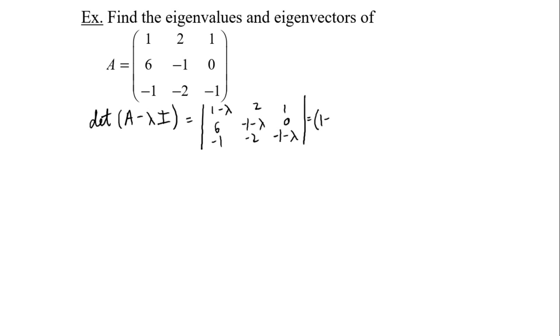So we'll have 1 minus lambda times its smaller matrix, minus 2, don't forget that alternating sign, so minus 2 times its smaller matrix, plus 1 times its smaller matrix.